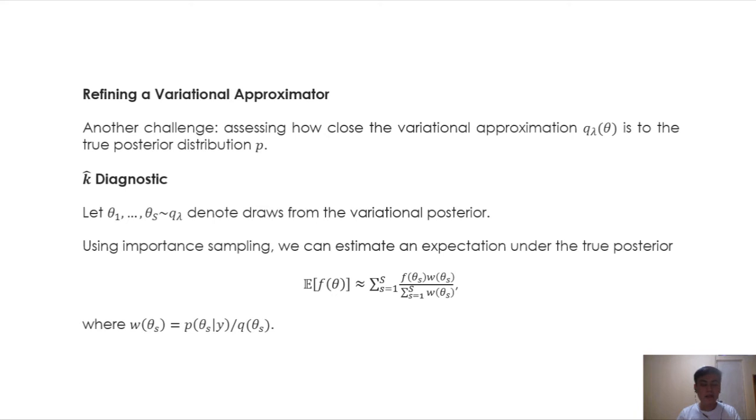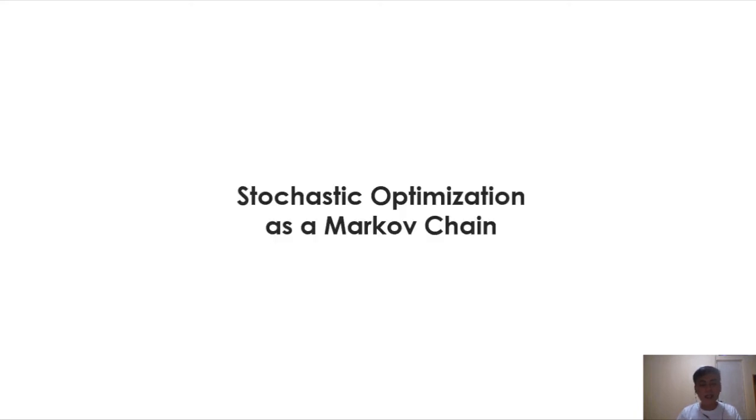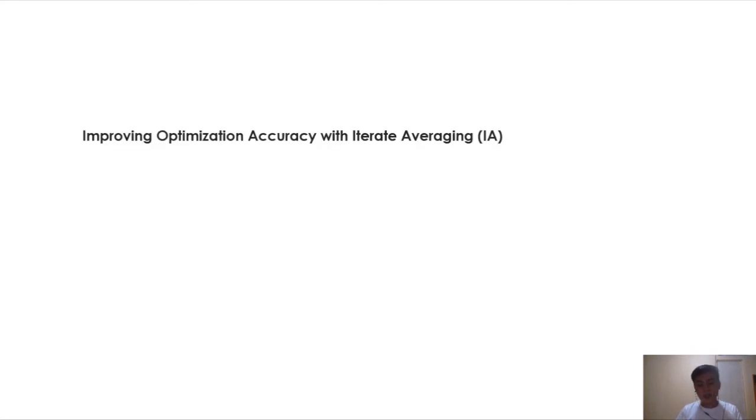So now that we have taken a brief look at these concepts, we can take a closer look at the approach this paper proposes, which is viewing the stochastic optimization as producing a Markov chain. In this paper, the authors tried to improve the optimization accuracy by using iterate averaging.